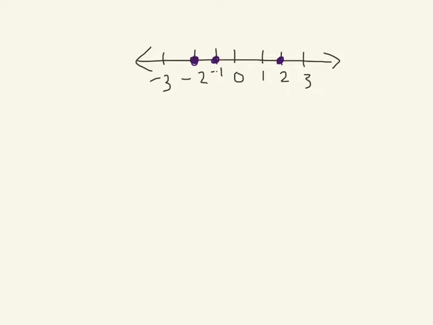Let's remind ourselves what each region is. One of my regions is from negative 2 and below, that is negative infinity to negative 2. For that one, I'm going to test negative 3. I also have a region between negative 2 and negative 1, so let's test negative 1.5.